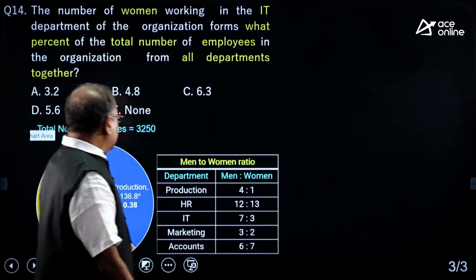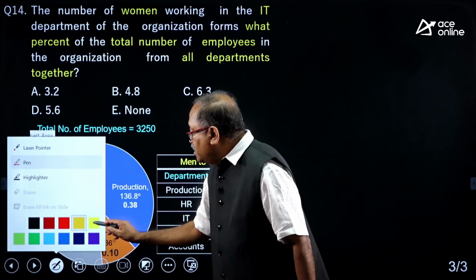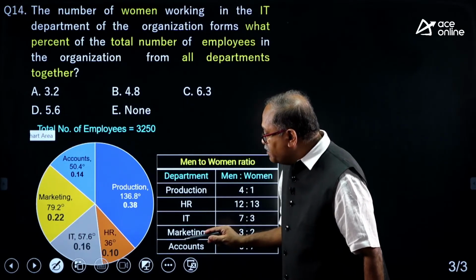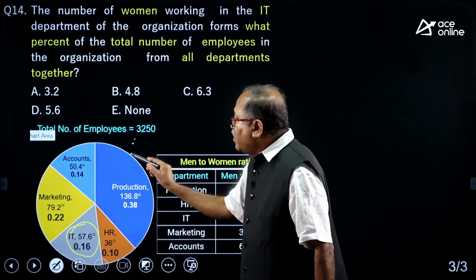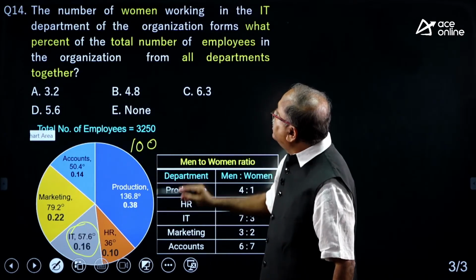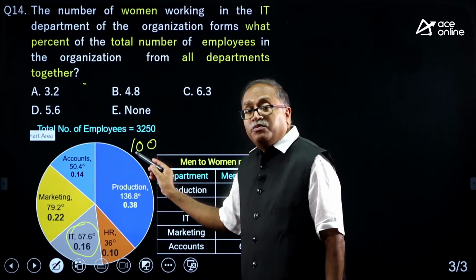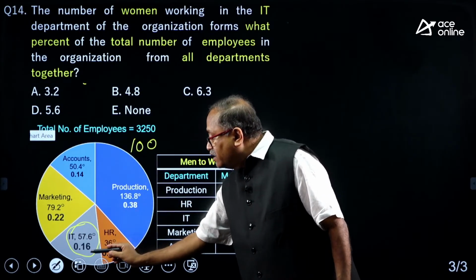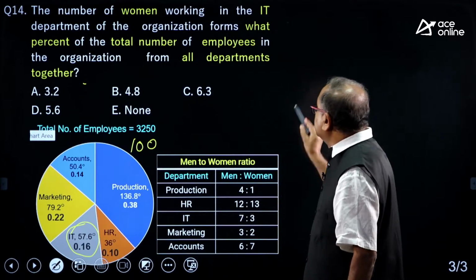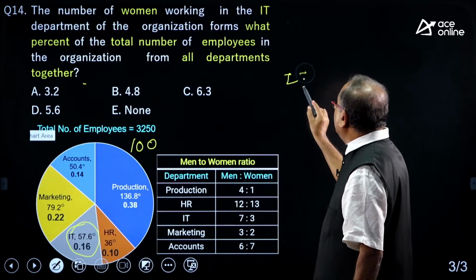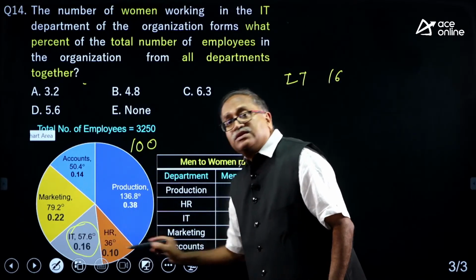So, let us take this one. How will we answer the question? Number of women in the IT department. So, IT department is 16 if all the employees are 100. If employees in all departments together is 100, then the IT department is 16%. If this is 100, this is 16.